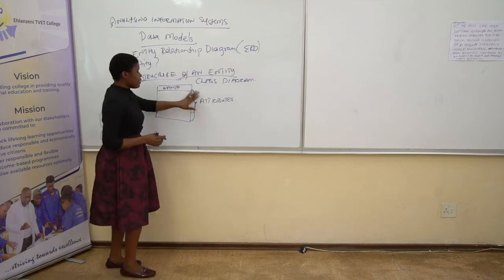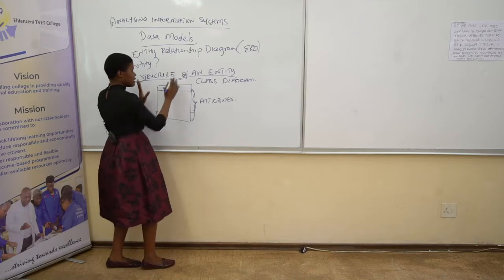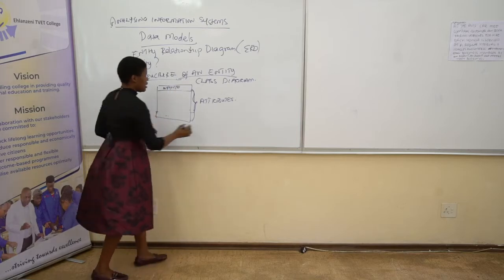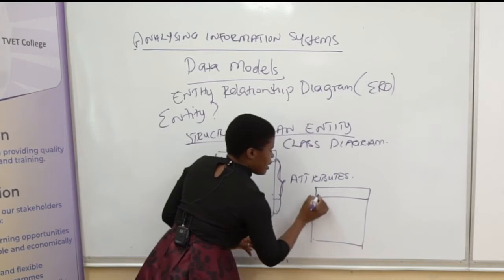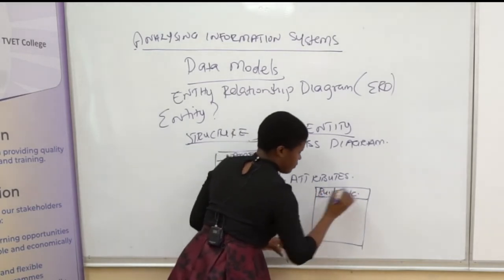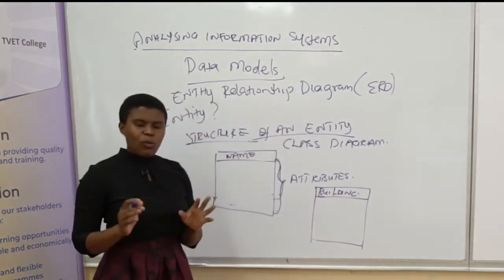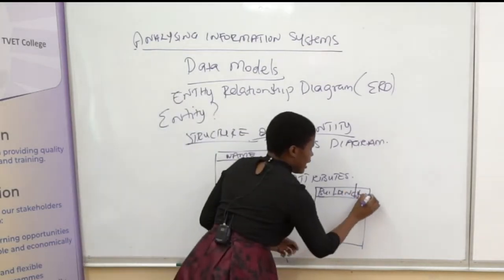So with the name and attribute, now if we are going to take just an example, creating a structure of an entity, let's take an entity, let's say it's a building. So what kind of a building? Can use an example, a shop.